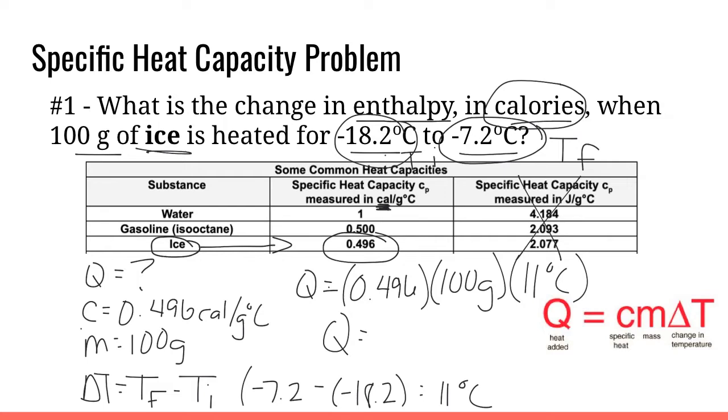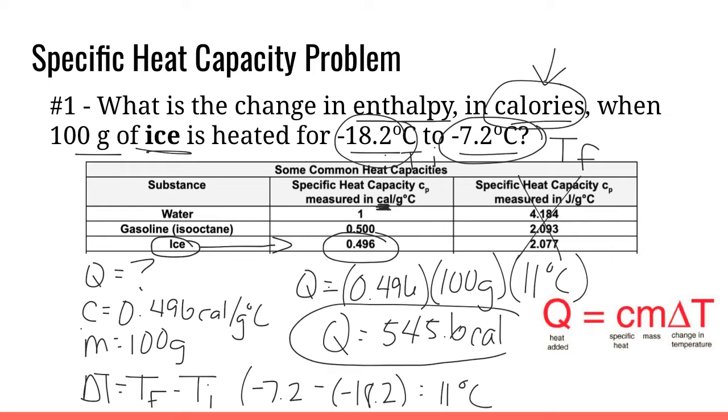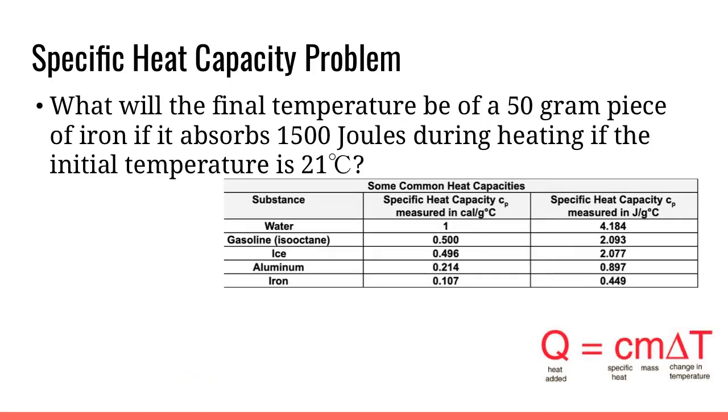When I put that in my calculator, 0.496 times 100 times 11, I end up with 545.6, and it's asking me how many calories. So 545.6 calories would be the correct answer to number 1.